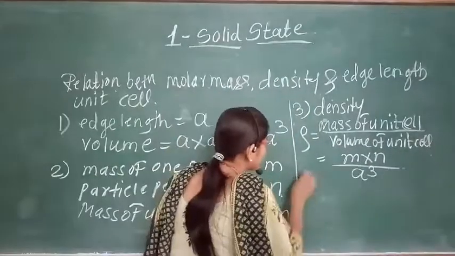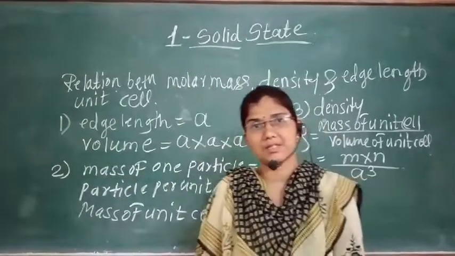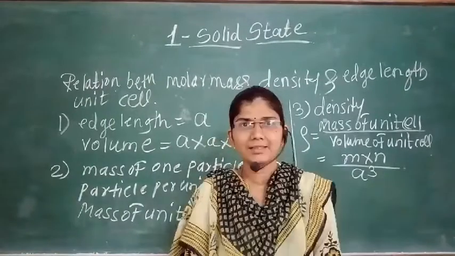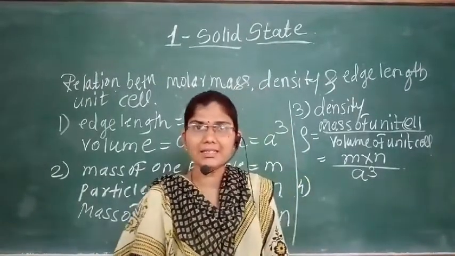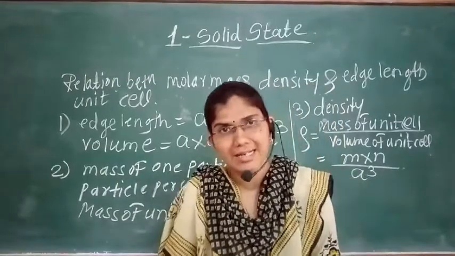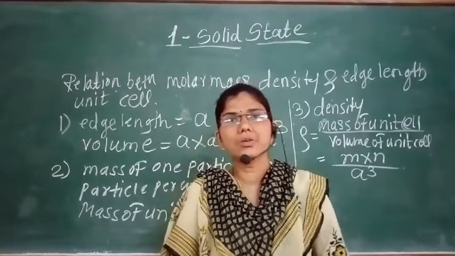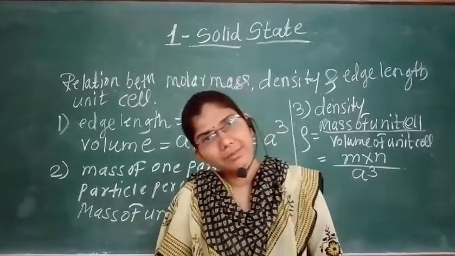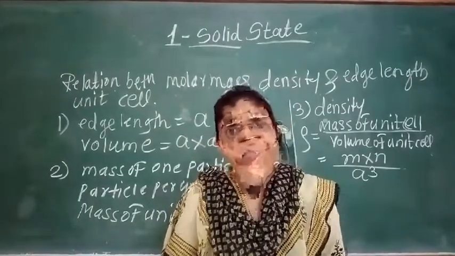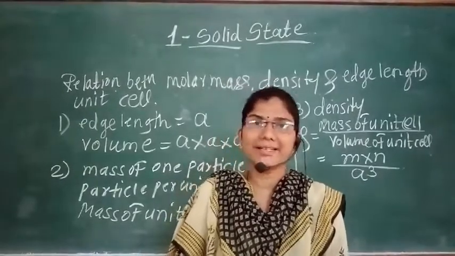In the next step, we have the molar mass of a substance, and from our mole concept, from our 11th standard, what is meant by a mole in terms of molar mass and in terms of Avogadro's number. As we know, 1 mole is equal to Avogadro's number of particles.